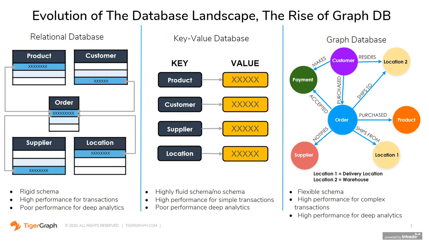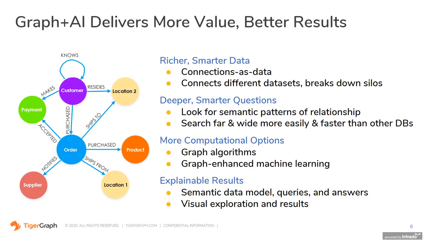And so the schema is much more flexible, but the real key is that following the connections, analyzing the connections, is much higher performance. So you can do the same things you do in a relational database with similar performance, plus you get the high performance connected analytics. And so that's the real power of graph databases.